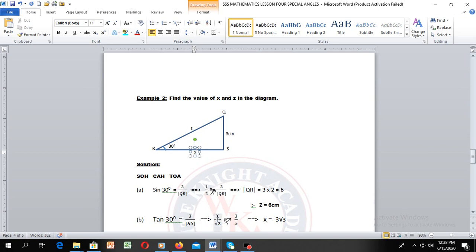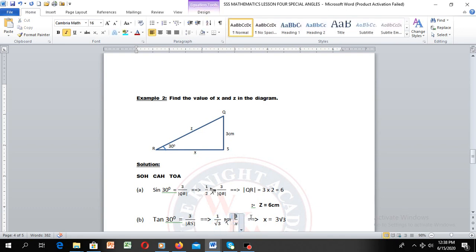Therefore, 1 over root 3 will be equal to 3 over x. We replace RS with x, and then we cross multiply. So x goes up to multiply 1 and root 3 goes up to multiply 3.